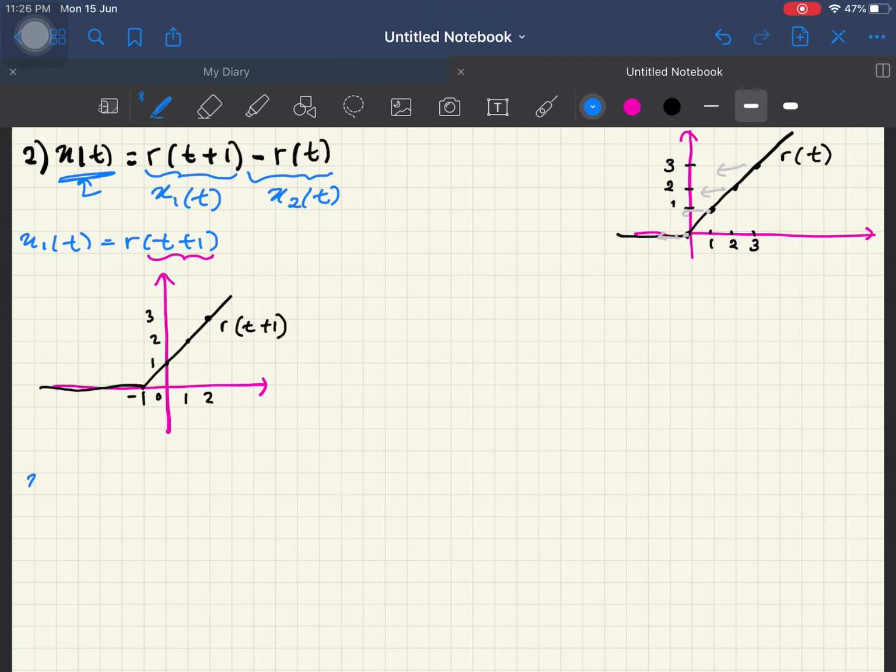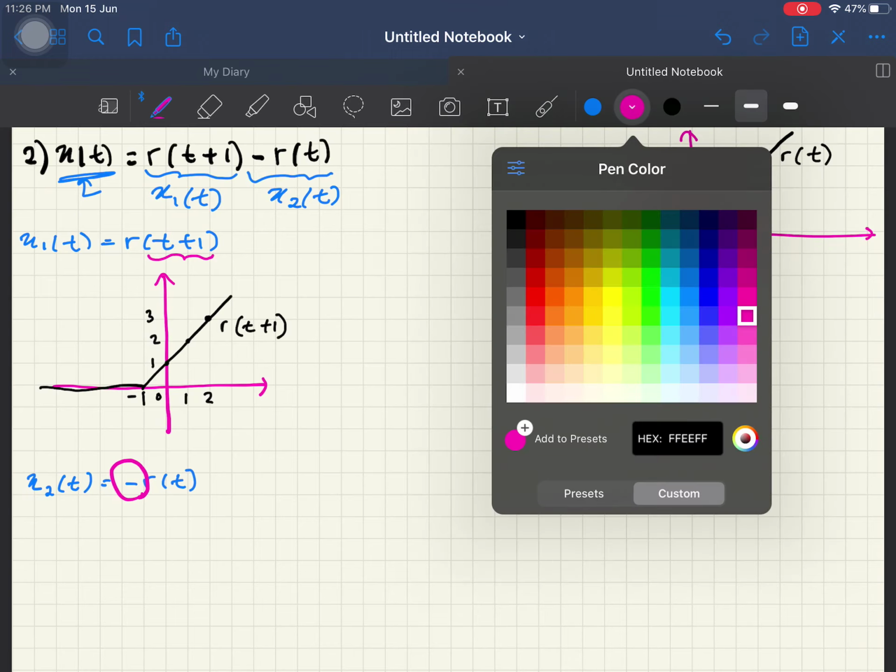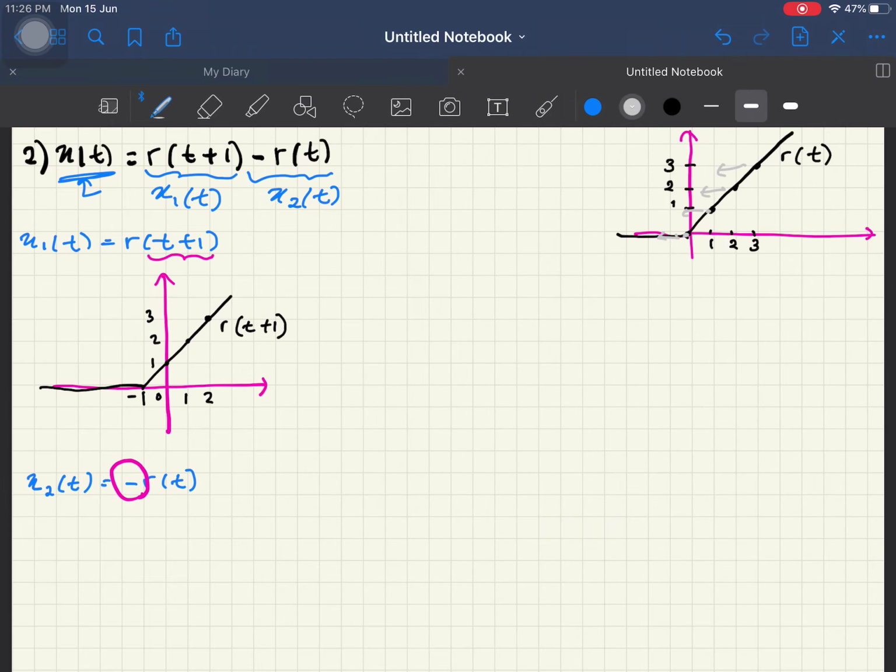Now, the second signal, x2 of t, is equal to minus r of t. So this means your signal here is scaled by -1. If we look back at the signal here, it simply means that the amplitude is multiplied by -1.